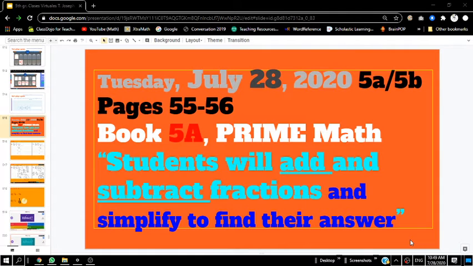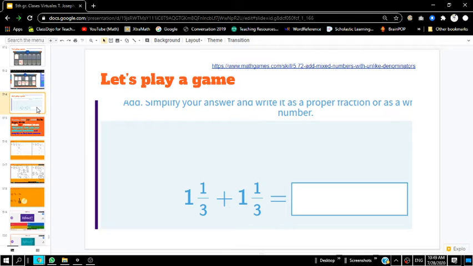Welcome back. Today we are going to learn how to add and subtract fractions and simplify them to find our final answer. So, let's get started. Last time, boys and girls, we looked at a game just to understand how to add fractions. Again, we're adding mixed numbers, which have the whole number and the part together.